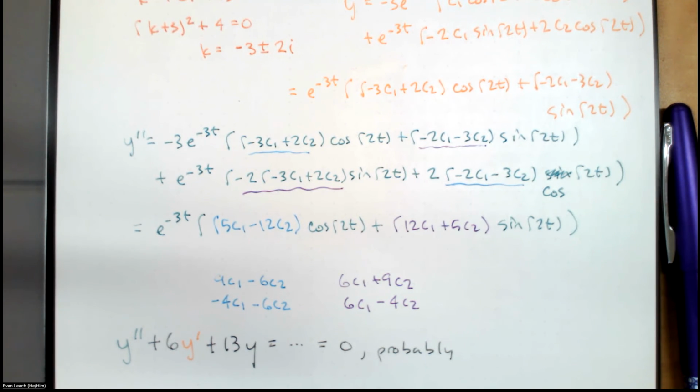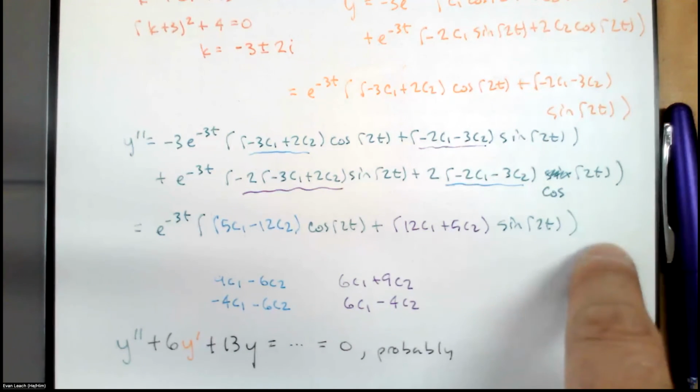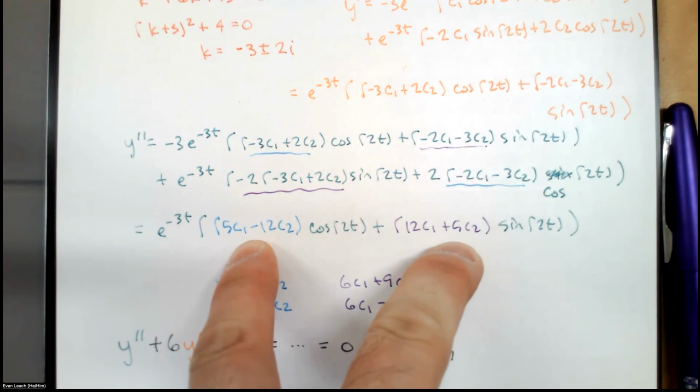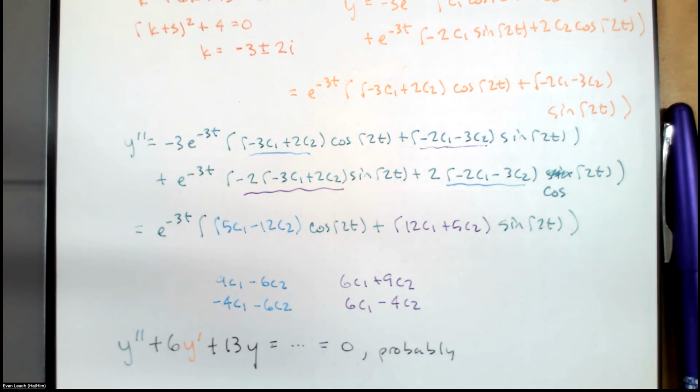I don't know what made me feel like doing this algebra. I think just to demonstrate why we want to simplify things. Because really, all the derivatives are going to have this e to the -3t out in front, and then some combination of cosine of 2t and sine of 2t. Even though it keeps coming up in these two big terms, we need to clean those up to get that same format. All that's going to happen is these coefficients of cosine and sine are going to change as we take more derivatives.